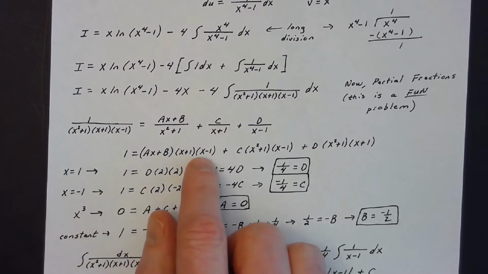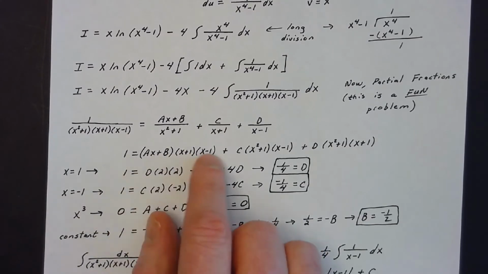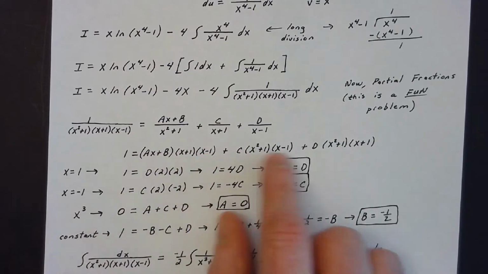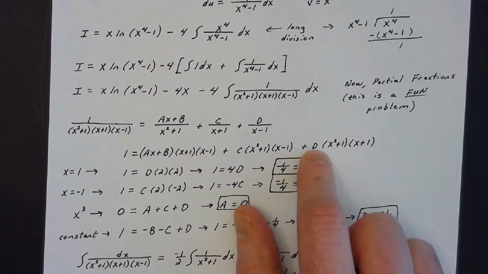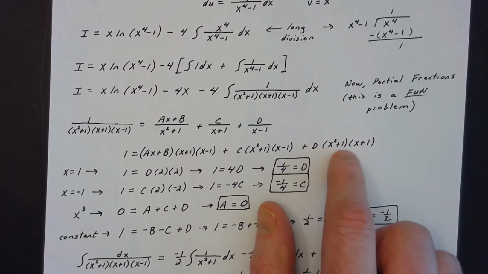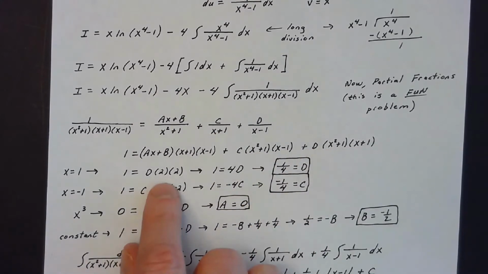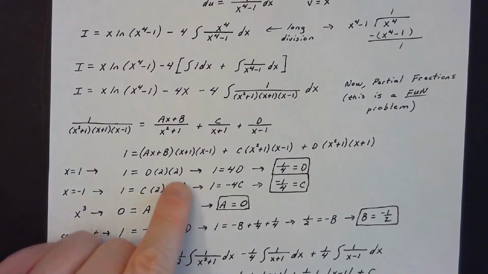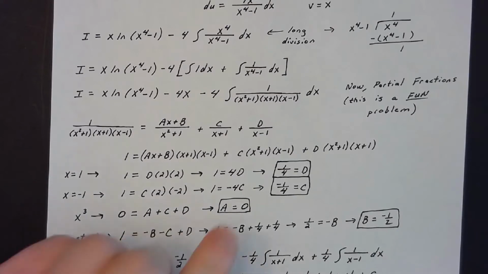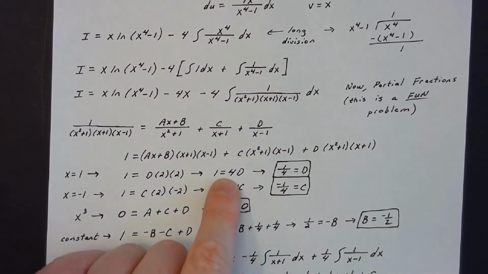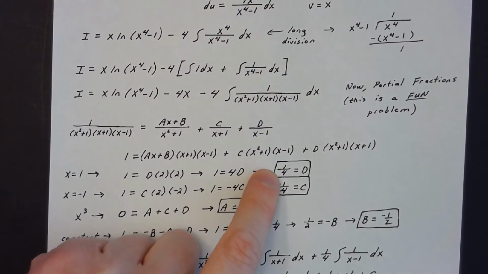If x is equal to 1 on the right, you can see your a and b would cancel out because they'll be multiplied by 0. C will cancel out since it's multiplied by 0. But you're going to have d times 1 plus 1 times 1 plus 1. That's where this comes from. I have 4d is equal to 1. So then I know, well, if 4d is equal to 1, then d is going to equal 1/4.